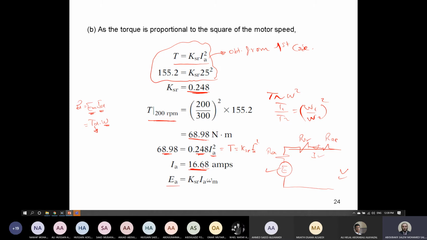So we got the current and we have the terminal voltage. We can calculate EA because EA equals K series multiplied by IA multiplied by omega. So if we calculate EA and we have the current, we can now calculate the value of added resistance.